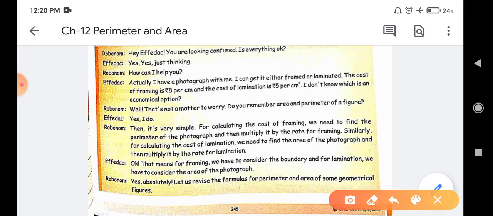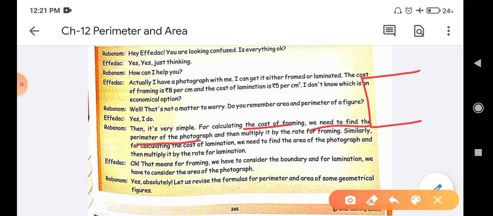Then Robinum says, well, that's nothing to worry about. Do you remember area and perimeter of a figure? Then Aphideck says, yes, I do. Then it is very simple. For calculating the cost of framing, we need to find the perimeter of the photograph, because framing is always done on the boundary of a figure.